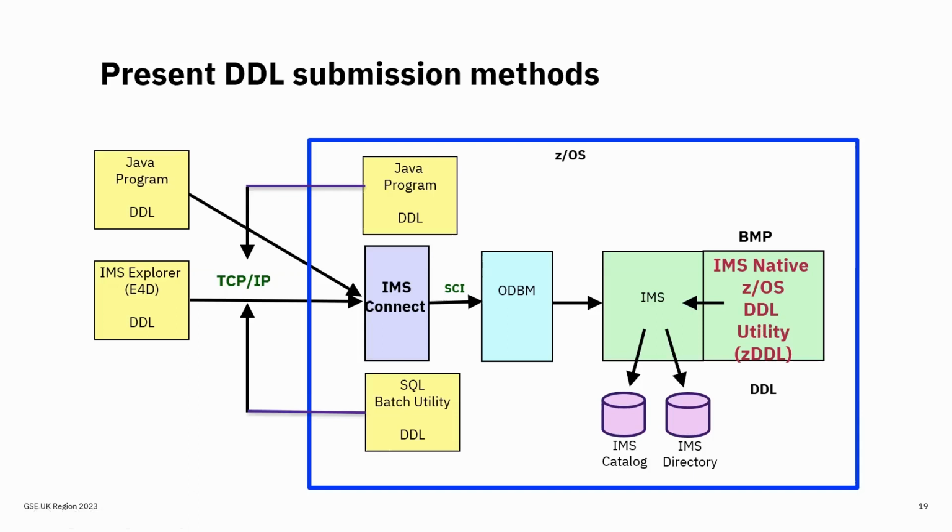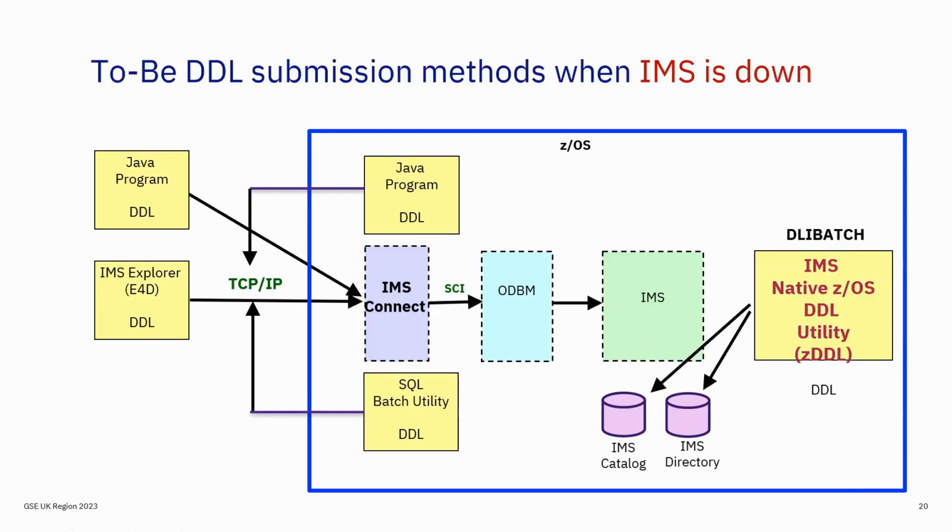And the next thing that we are currently working on is being able to run that same utility in a DLI batch mode. So IMS and ODBM and IMS Connect, all three of those could be down, and you will still be able to submit DDL by running this ZDDL utility in DLI batch mode. We think that's a very, very powerful capability.